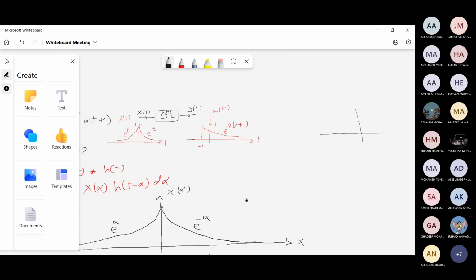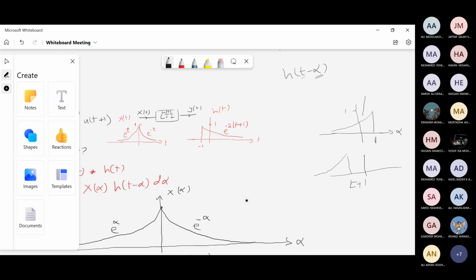Then we want to find h of t minus alpha. So first we say that it is alpha; we replace t with alpha. Then flip it. If you flip it, it becomes something like this. This will be plus 1. Then shift it by t, which means take it to the right, anywhere here. So we just add t, so that it becomes t plus 1.